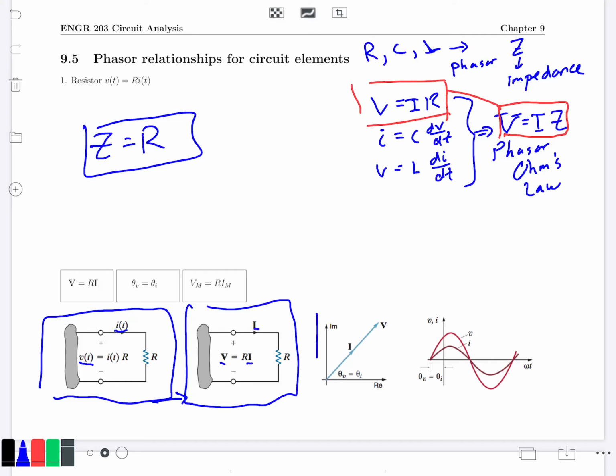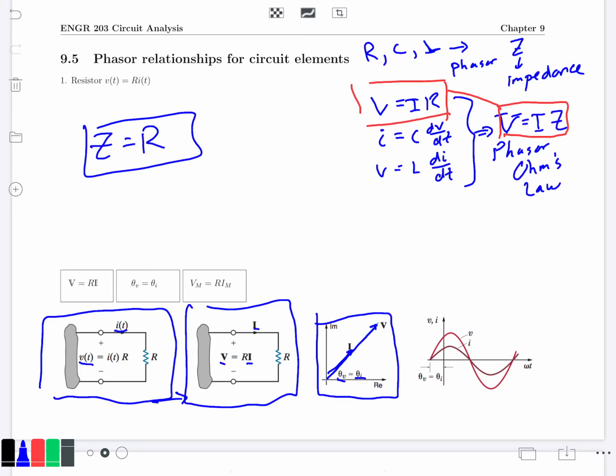And if you draw the graph between them, it says that the angle of the voltage is equal to the angle of the current. In other words, the voltage and the current are going to be in the same direction in the phasor diagram here.